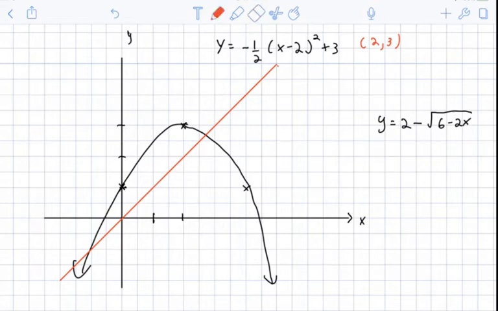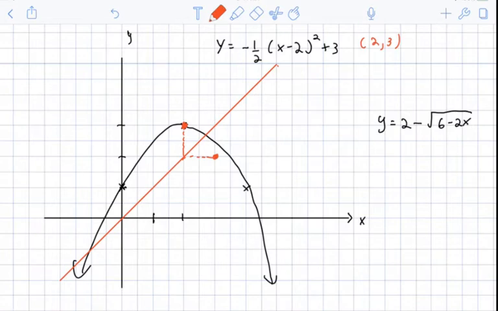So let's start with the vertex. It's 2 above, so it's going to be 2 over here. So the vertex of our graph is going to be like there.